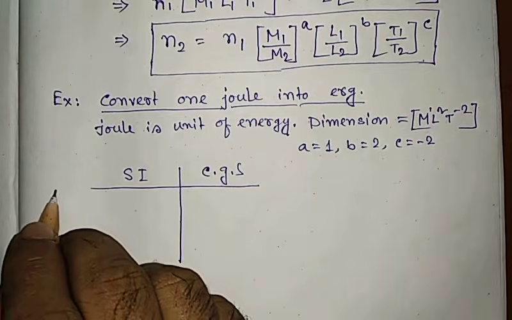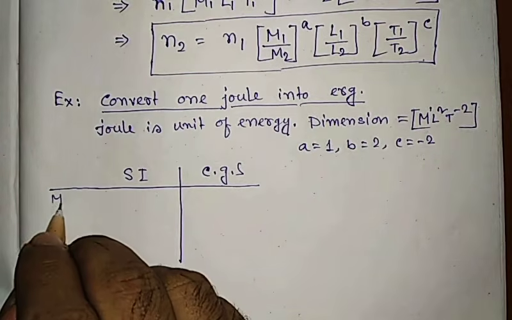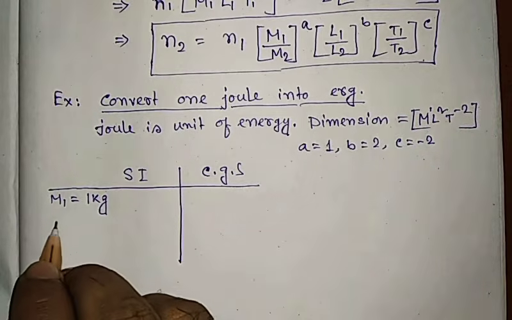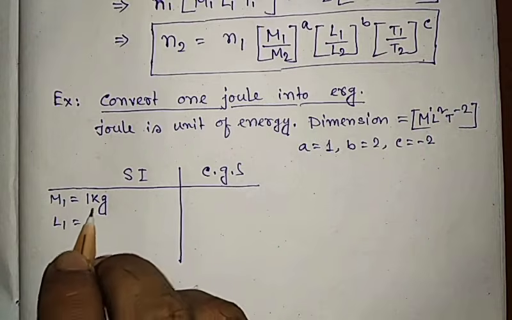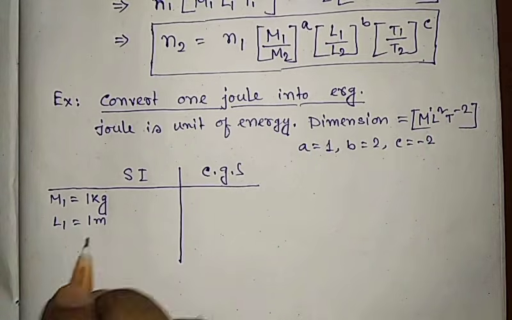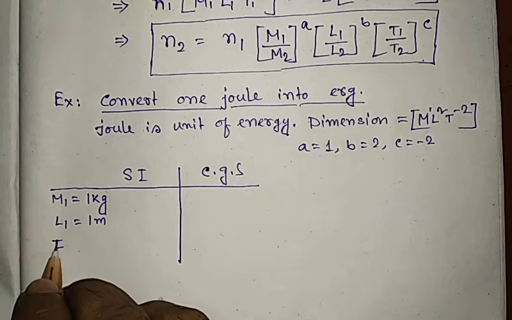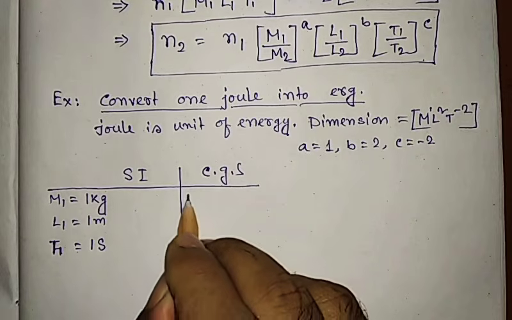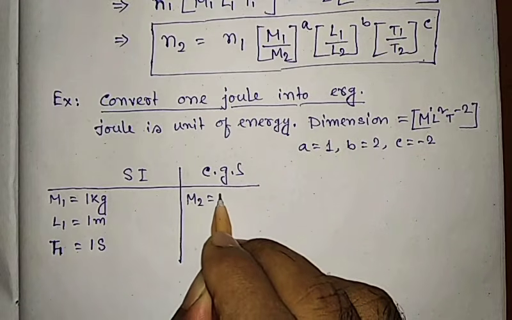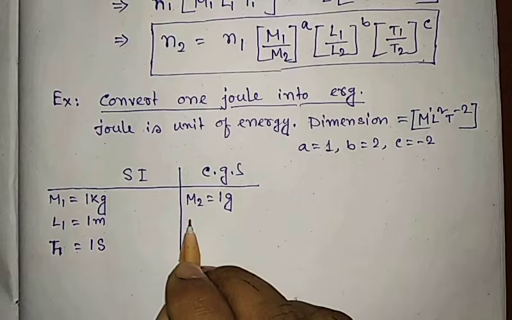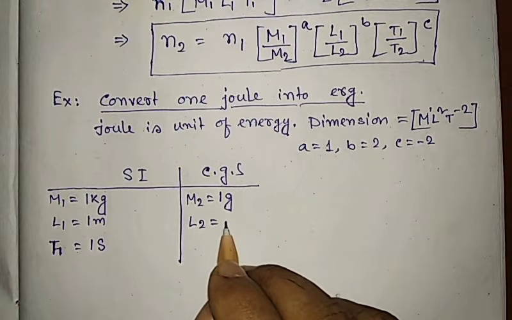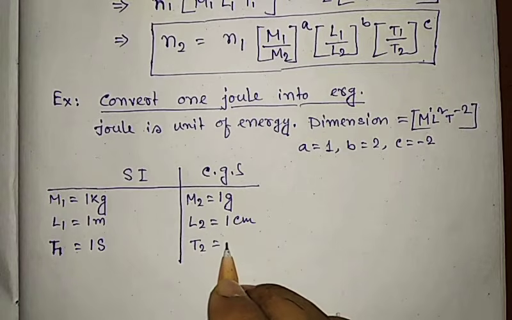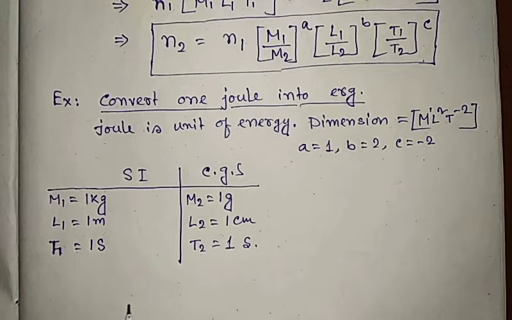Okay, so M1 in SI is equal to 1 kg, L1 in SI is 1 meter, and T1 is equal to 1 second. In CGS, M2 is equal to 1 gram, L2 is equal to 1 centimeter, and T2 is equal to 1 second.